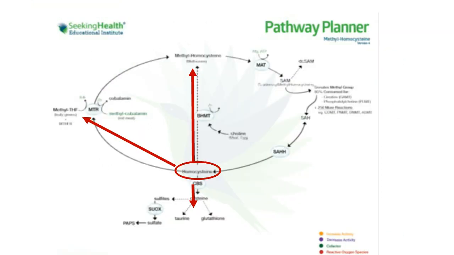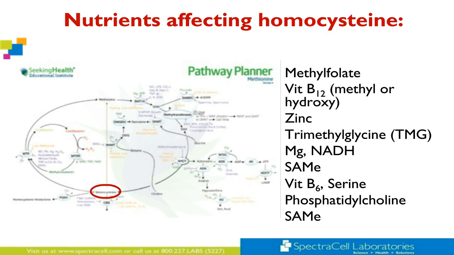So let's go through again and talk about homocysteine going to MTR and then on around the circle. There are nutrients that affect our homocysteine levels, and I've listed them several times so that we can see exactly where they are utilized.